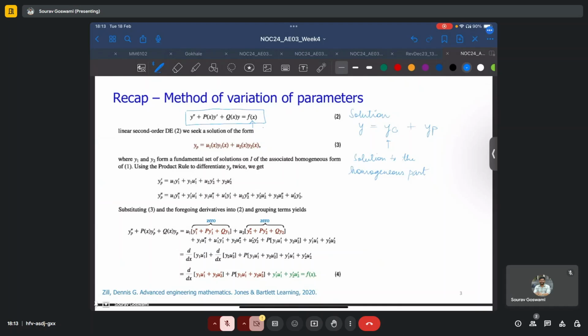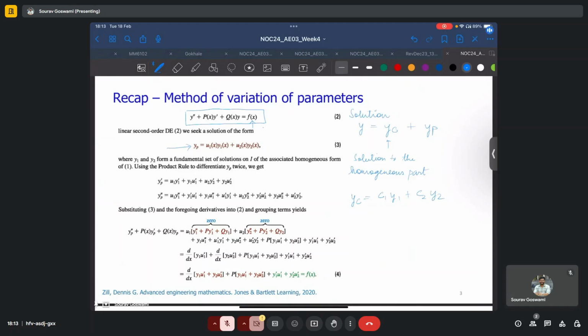We know that typically if the homogeneous solution is some c1 y1 + c2 y2 for a second order ODE, the particular solution in this case will be some combination of these two solutions. It will not be a linear combination because the terms will also have other functions of x multiplied with these solutions.